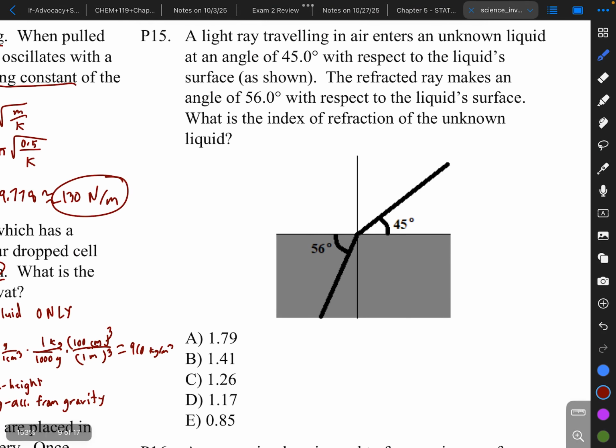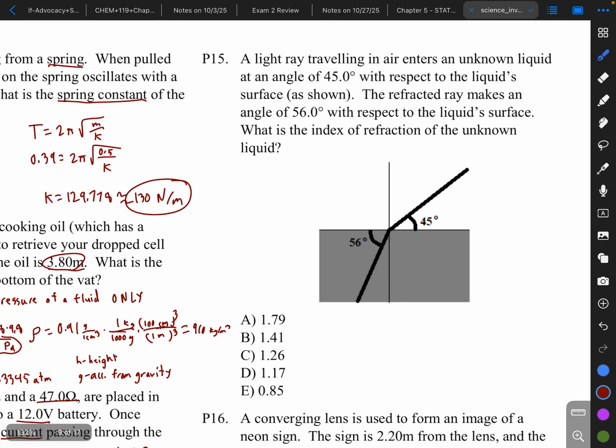For number 15, a light traveling in air enters an unknown liquid at an angle of 45 degrees with respect to the liquid surface. The refracted ray makes an angle of 56 degrees with respect to the liquid surface. What is the index of refraction of the unknown liquid?